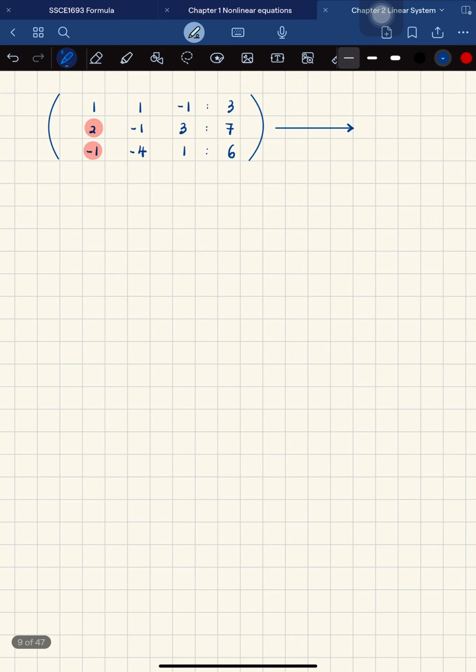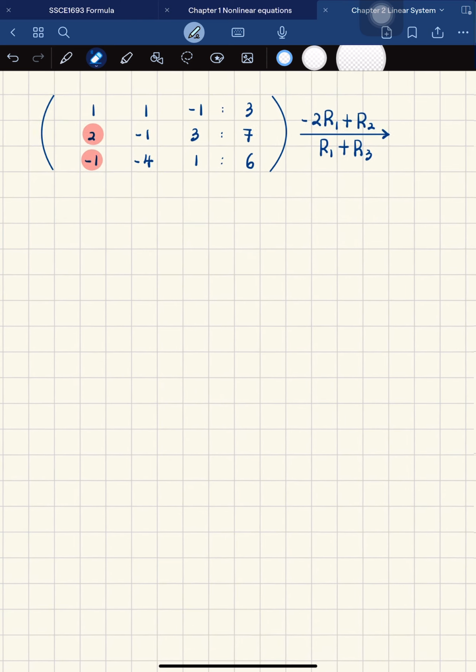For the 2, K will be negative 2, with the leading 1 at row 1 and the affected row at row 2. For the negative 1, K will be positive 1, leading 1 plus the affected row. So we are using this formula.